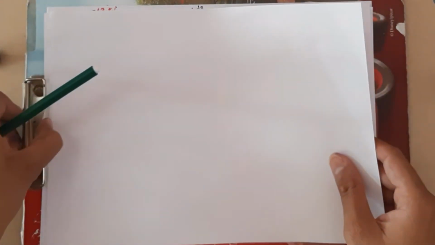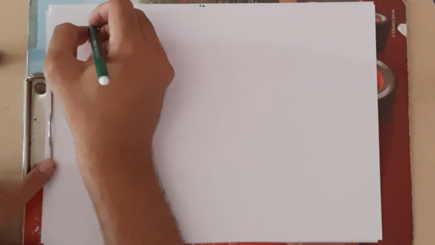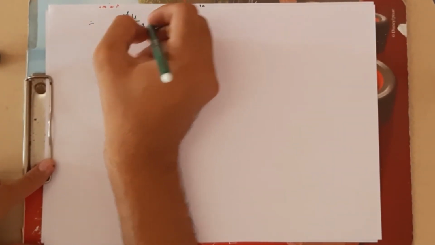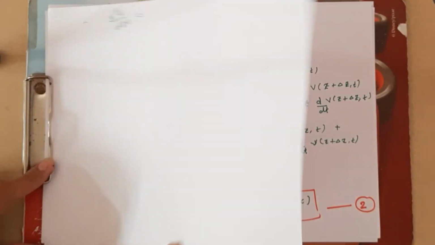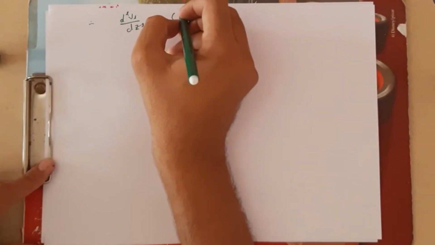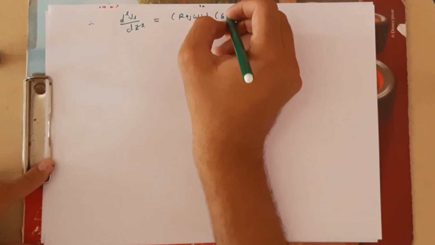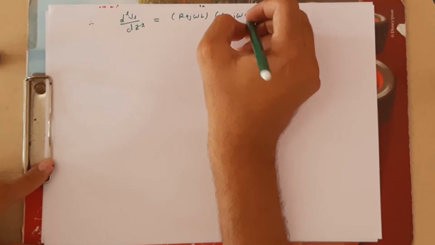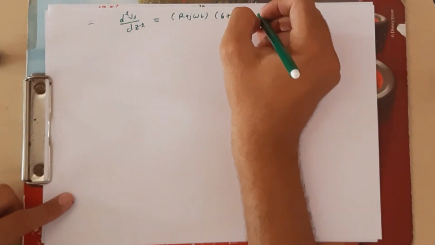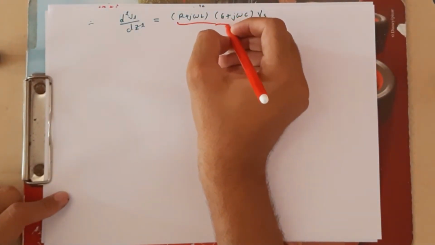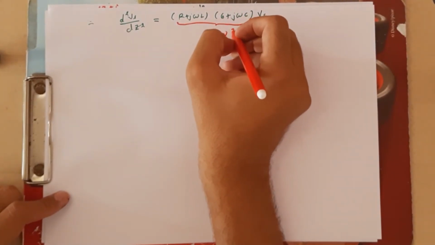So d square Vs by dz square equals R plus j omega L into dIs by dz, which is G plus j omega C into Vs. Now we assume this term is nothing but gamma square.